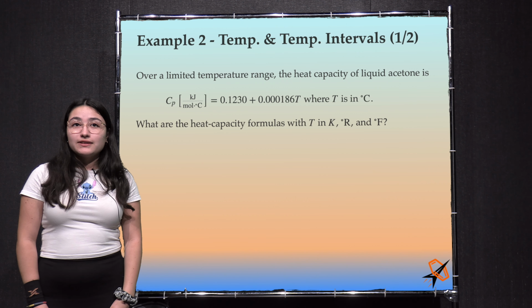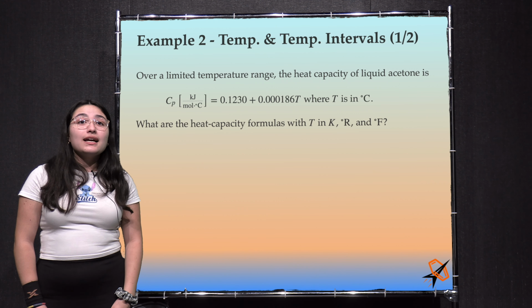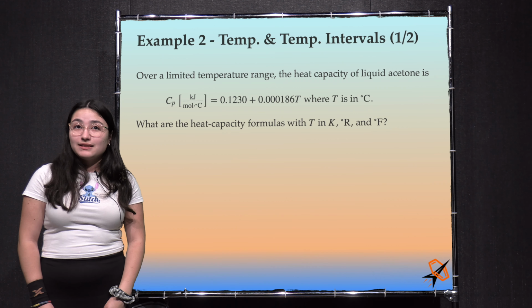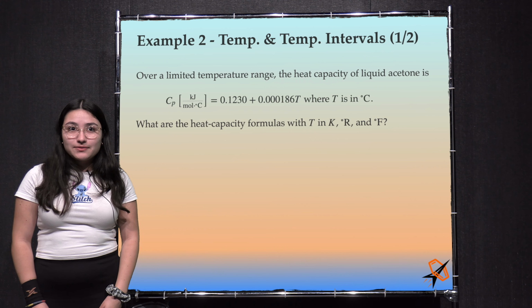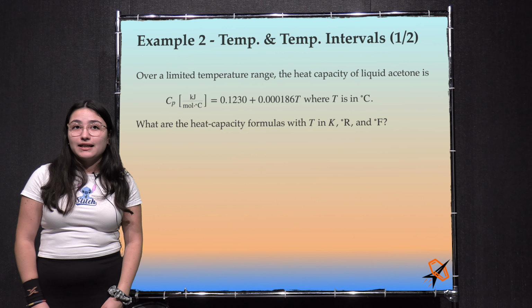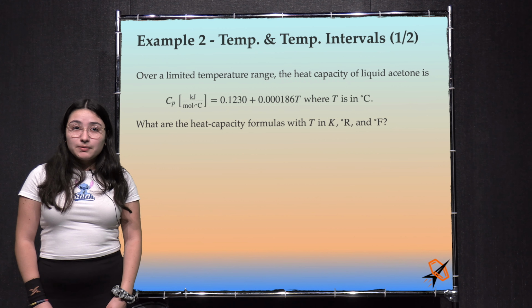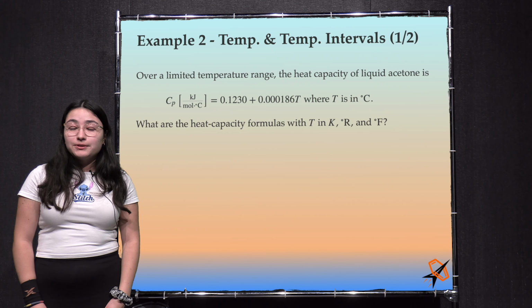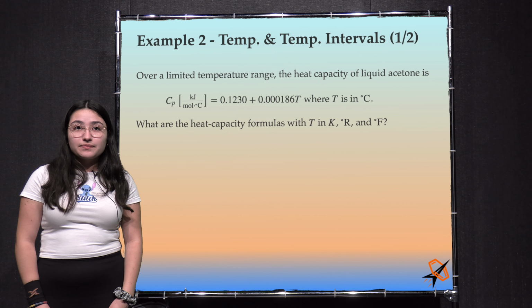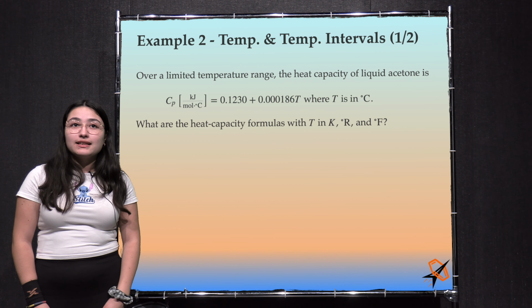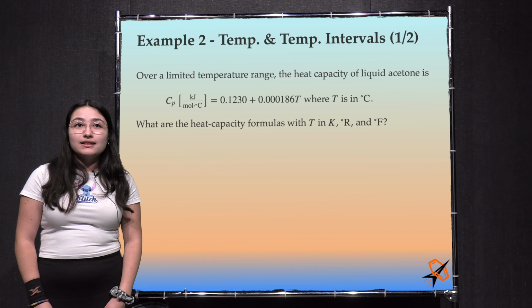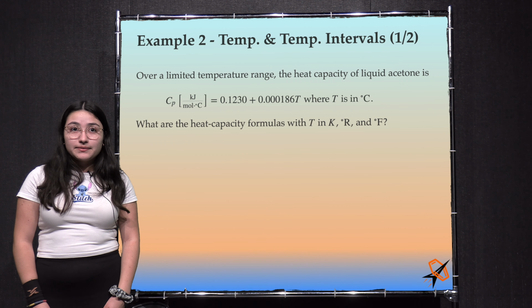We want the formula for the heat capacity C sub P in kilojoules per mole Kelvin with the temperature in Kelvin, kilojoules per mole degrees Rankine with the temperature in degrees Rankine, and kilojoules per mole degrees Fahrenheit with the temperature in degrees Fahrenheit. Note that because the temperature unit appears in two places, the T and the heat capacity, we have to convert in both places.